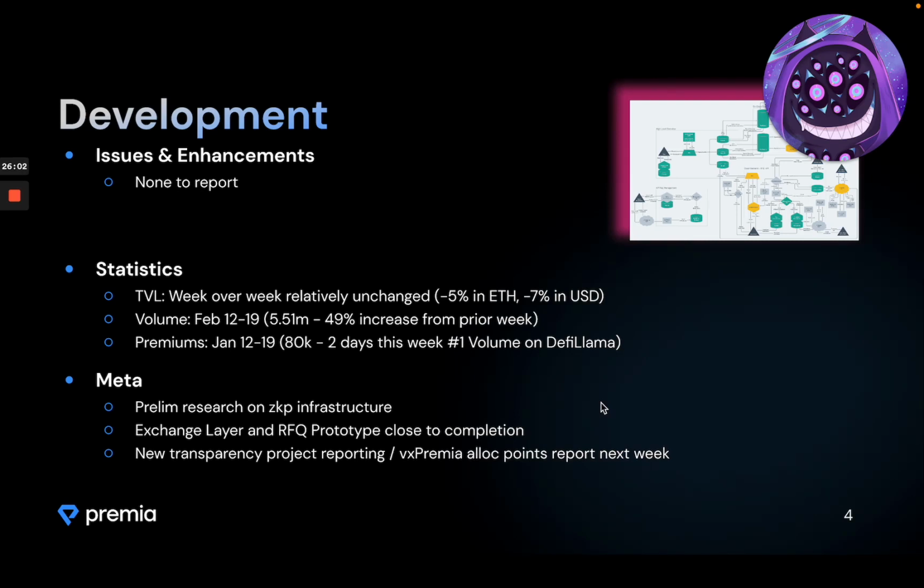There's some really cool stuff that you can do there. So we're starting to look at that, but that's probably like a year away. We're going to want to let the ZK proofs mature a little bit before we step into that space, but we're thinking about it.